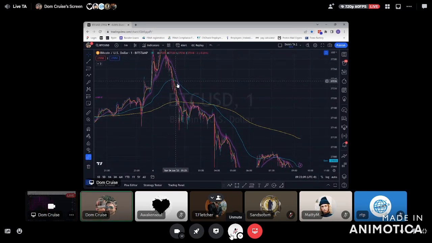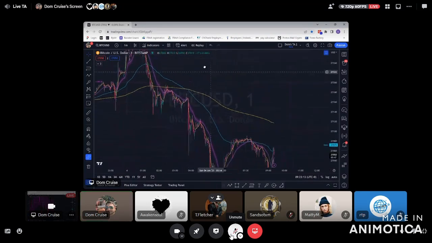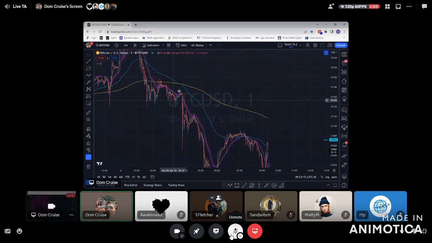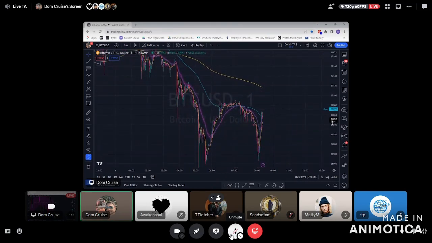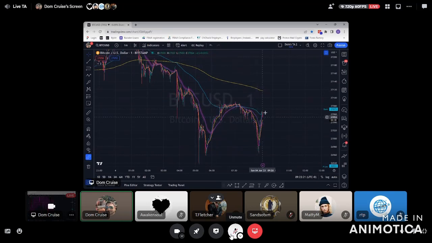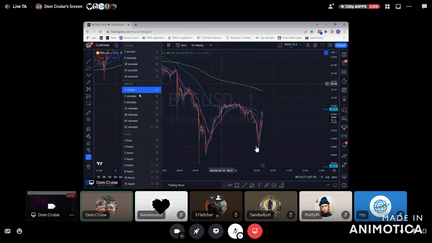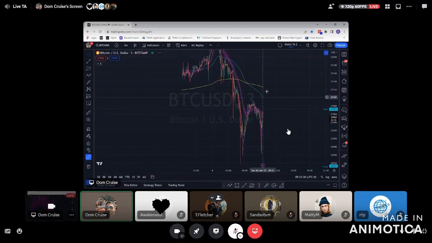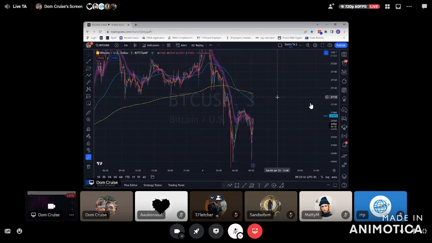When the 50 comes below the 200 is your first sign of this massive move coming. Because you'll get your contraction, expansion, boom, and then you get this thing here, which looks like a W, a pretty ugly W. Anyway, so bearish, 3-minute, same thing, crossed over, bearish.